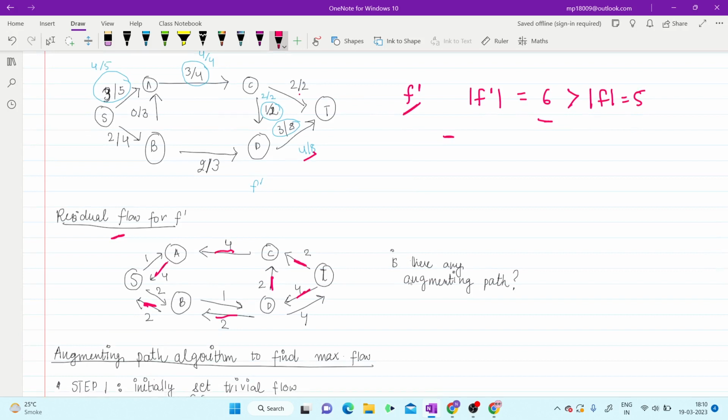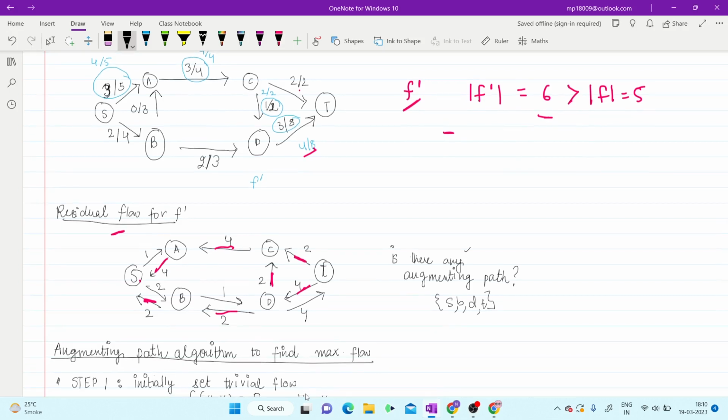No, we have like the previous one only, S B D and D T. S B D T, right? Yes, ma'am. So we have an augmenting path here also.